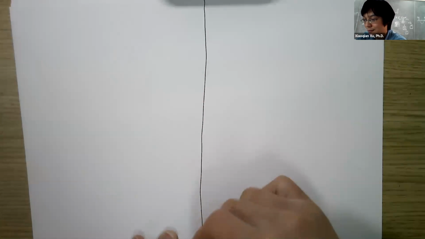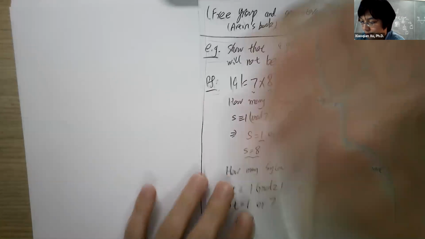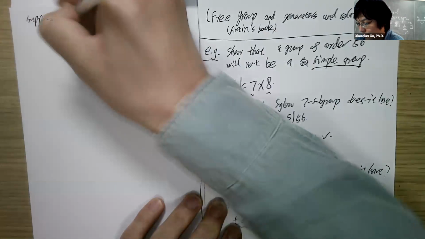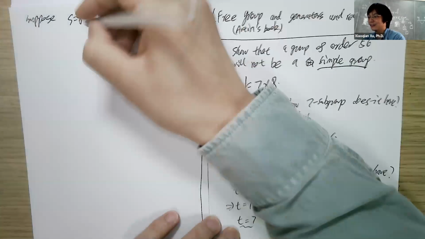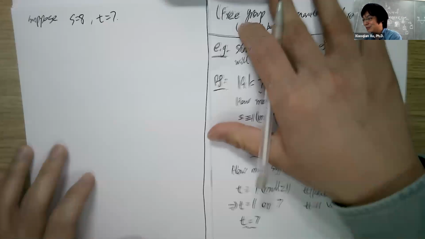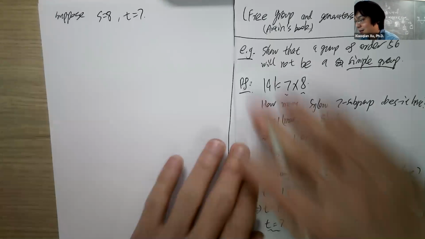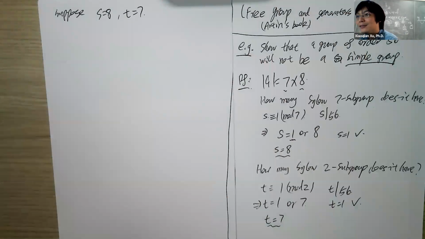Let's see. Suppose you have a lot of Sylow 7 and Sylow 2 subgroups, okay? Then let's see what we can get.